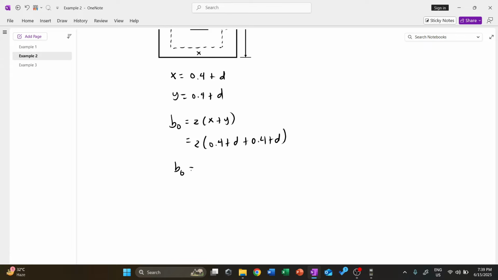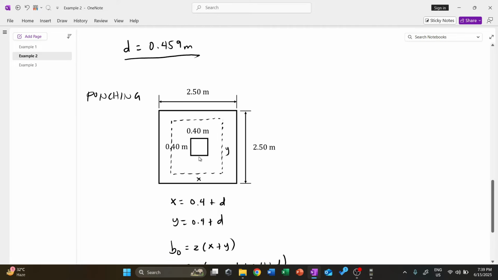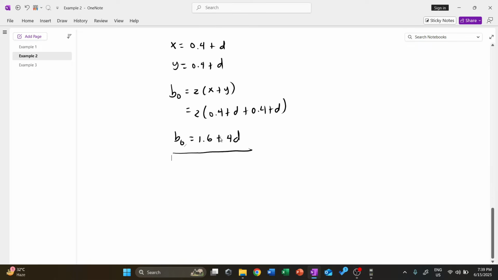Or B sub O is equal to 0.8 inside, times 2, that is 1.6 plus 2d, times 2, that is now 4d. So this is our B sub O, or critical perimeter, in terms of effective depth d. Let's underline that first.